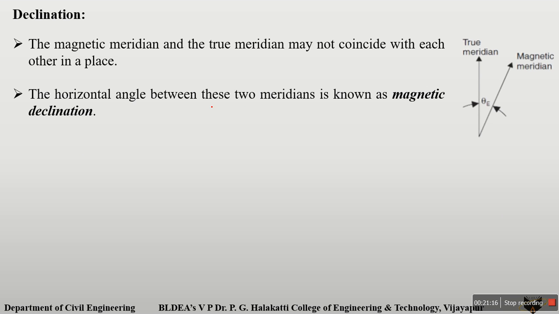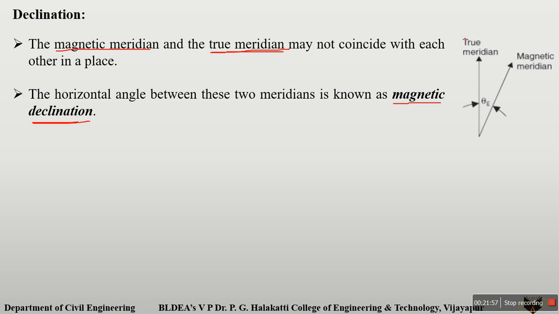The horizontal angle between these two meridians is known as the magnetic declination. So magnetic declination means what? First you have to know that the magnetic meridian as well as the true meridian will not coincide with each other in one place. Whatever the angle between the magnetic meridian and true meridian, this is called the magnetic declination.